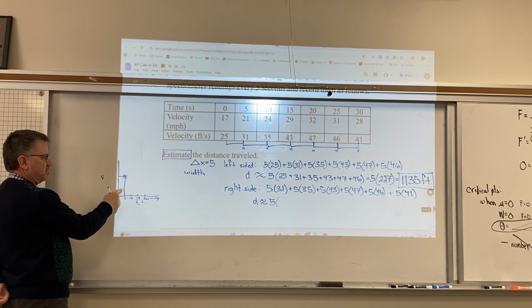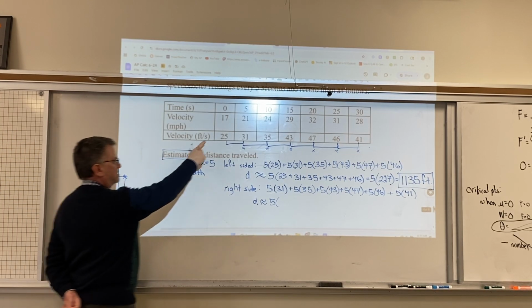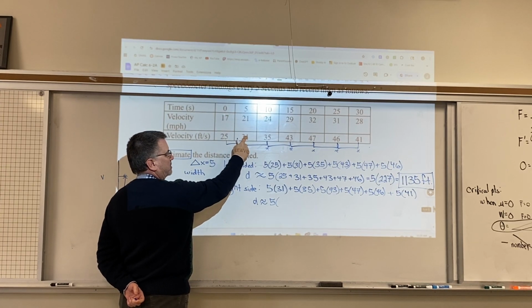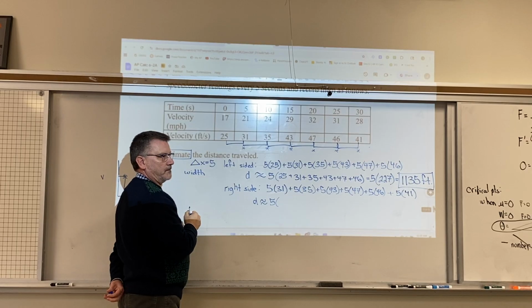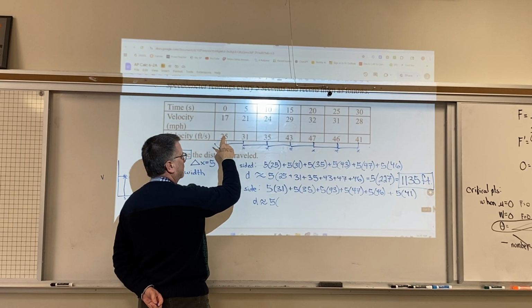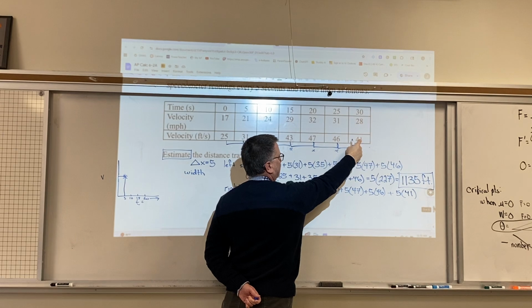If I'm using the right side of the rectangles, I can't pick up this one, what it is 0. This rectangle is gonna go up to 31. And I'll actually use the 41. If I'm using the left side, that's the top of the first rectangle on the left. But then I won't be using that one.